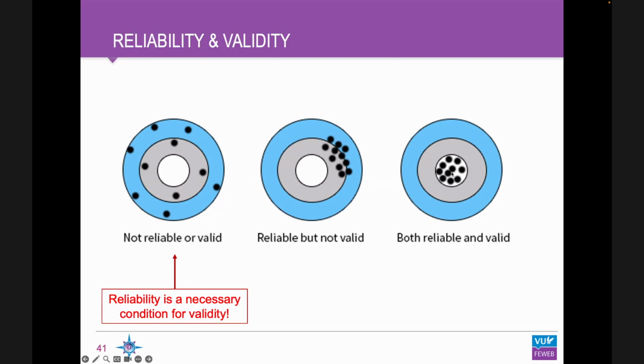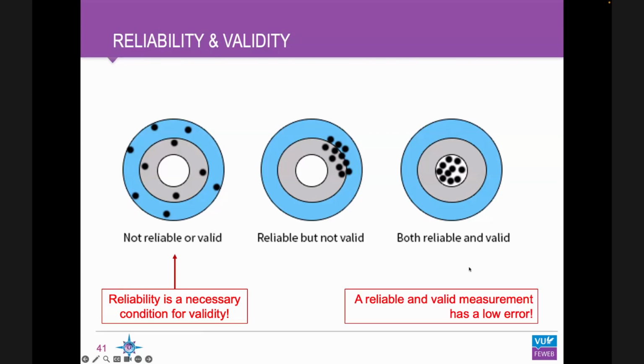And if we can measure the true value in a consistent way, so if we have both a cluster of observations and it is in the middle, then this is both reliable and valid. And in general, you can see that a reliable and valid measurement has a low error in this case.